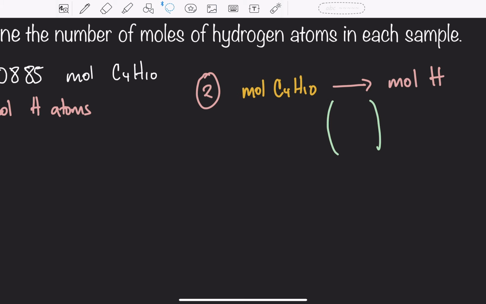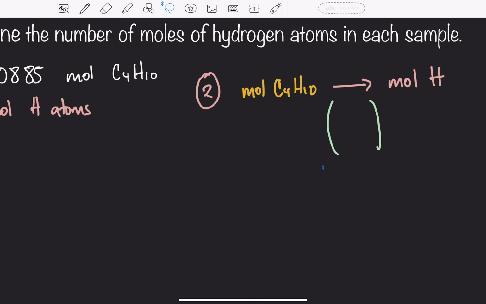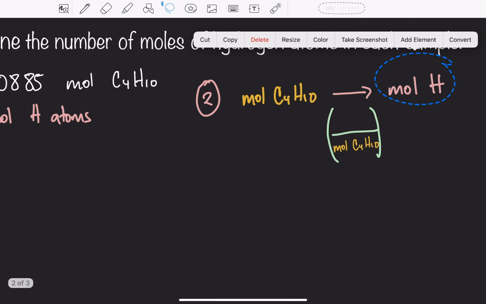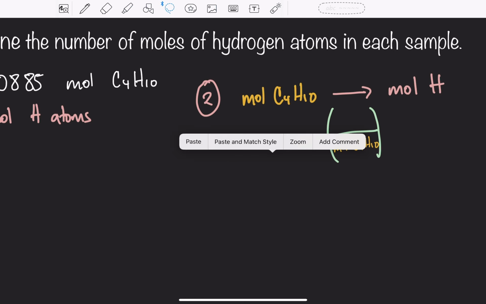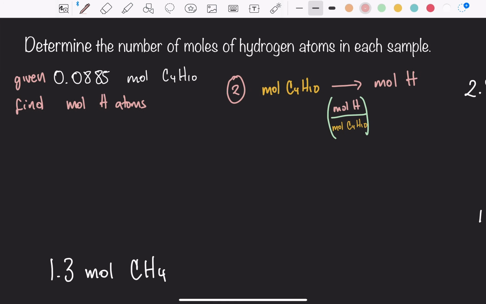I'm going to put my compound at the bottom of my conversion factor, and I'm going to have my moles of hydrogen at the top. It will be faster if I write it. Moles of hydrogen.